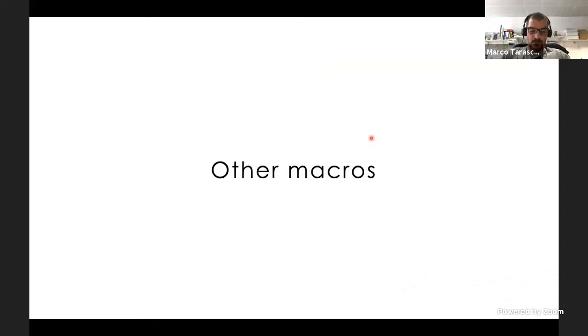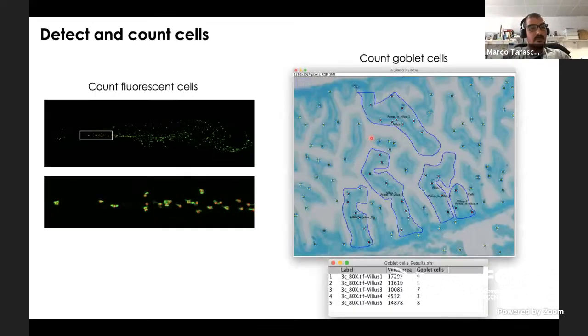Since we are here, I would like to show you also other examples of macros that I developed during my PhD. For example, we use macros to detect and count cells. Here in this case, we are counting the number of neutrophils, and we just need to select a region of interest, and automatically we will get a result table with the number of neutrophils per fish, and also a screenshot to confirm if indeed all the cells were counted or not.